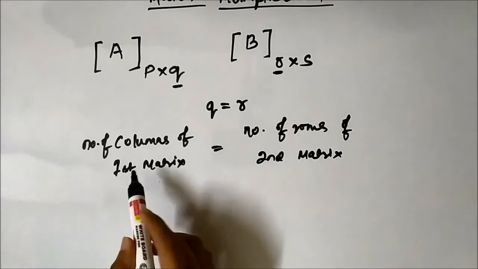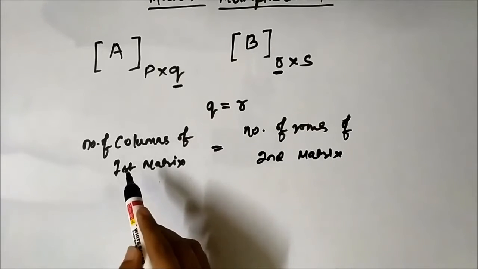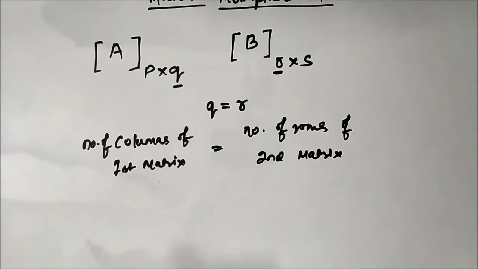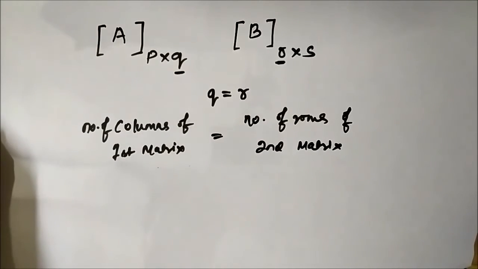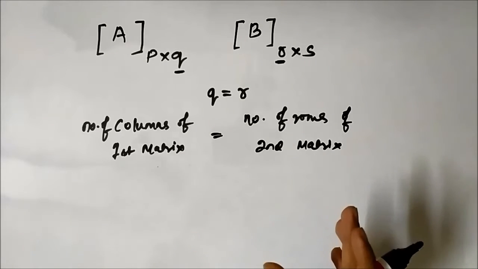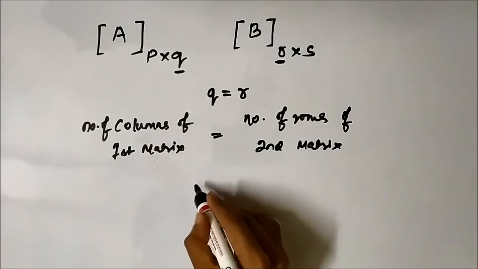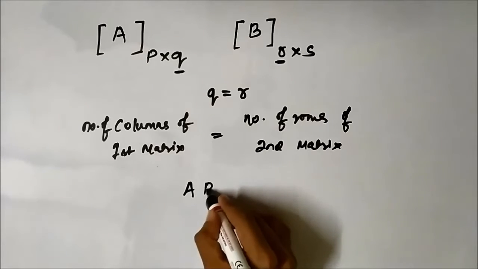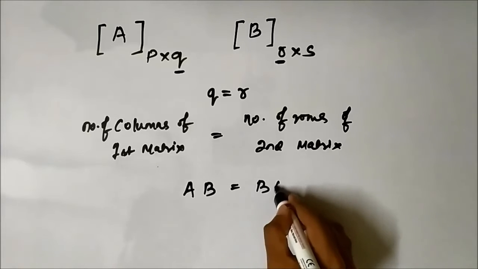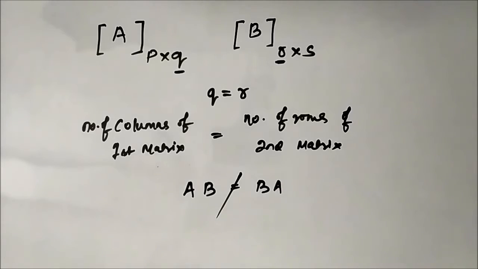I am using the terms first matrix and second matrix because in matrix multiplication the commutative law is handled in a different way. That is, A into B is not necessarily equal to B into A. That's why it is very important which matrix comes first.